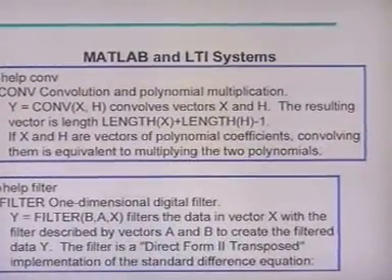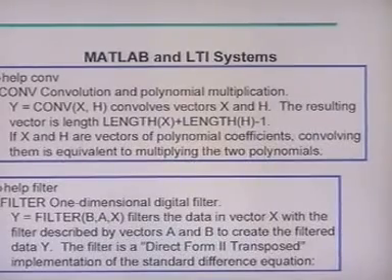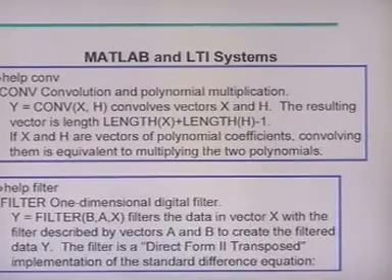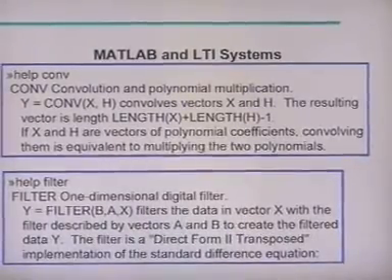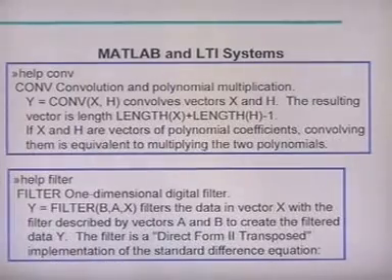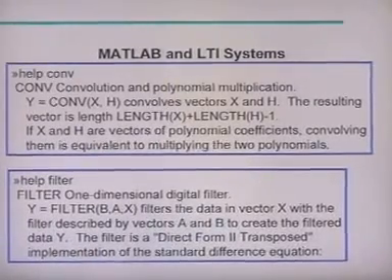It is just at the command prompt we type conv and we give two values to it, x and h, and it will as a result give you the convolution of these two. Now before giving x and h, obviously you have to first of all give the values to x and h.